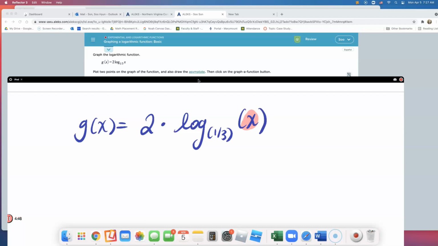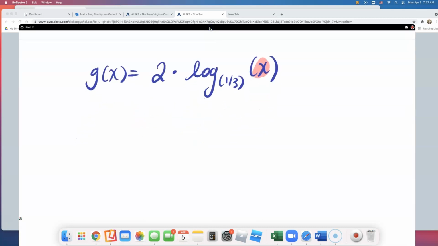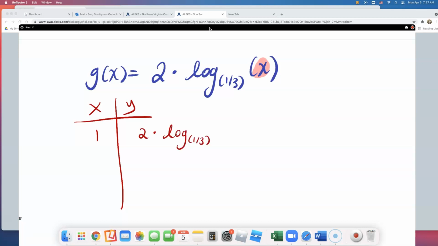Now, I know it's a little yucky, but we have to find two values, right? So x and y. I'll plug in 1. You know what, 1 may not be such a pretty number. Let's go with 1. That's going to be 2 times log base 1/3 of 1.